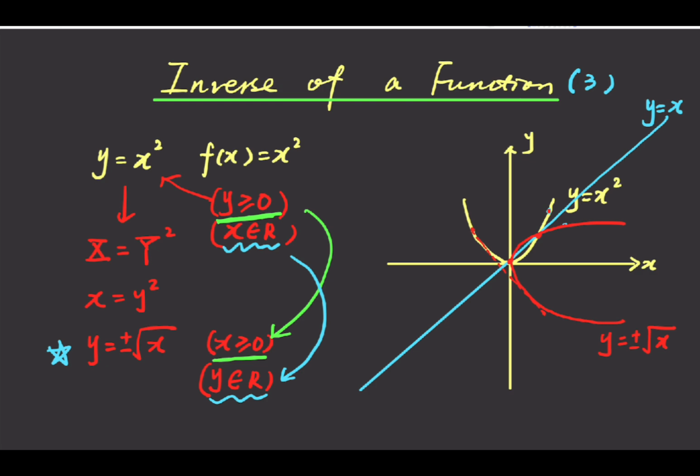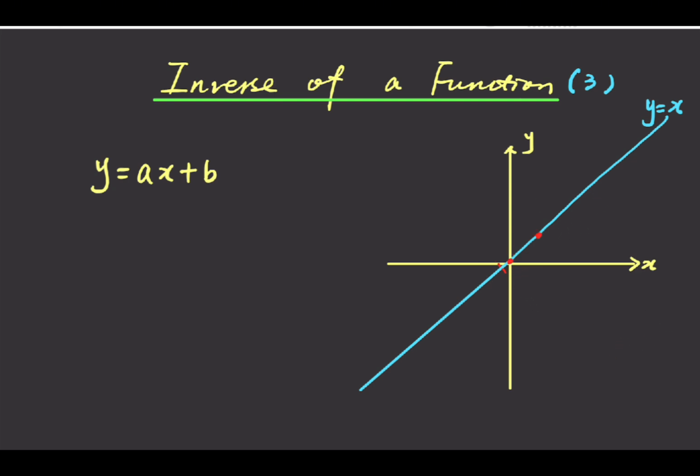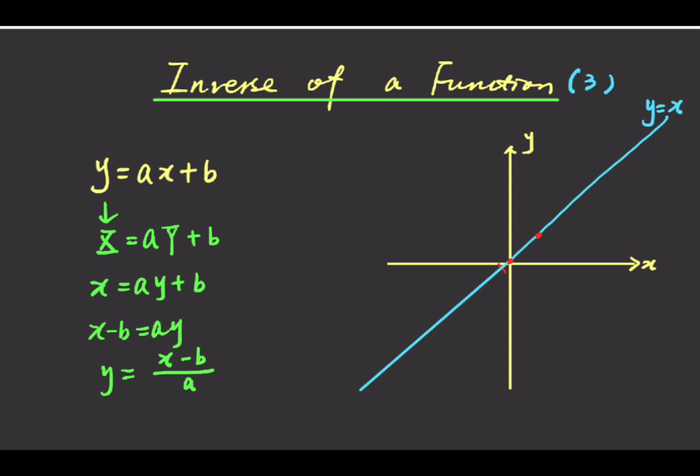Now, if this function is a linear function, for example, y equals ax plus b, you will find out for this situation, its inverse should be like this. We use x to replace y, we use y to replace x, right? So x equals ay plus b, x minus b equals ay, y equals (x minus b) over a.